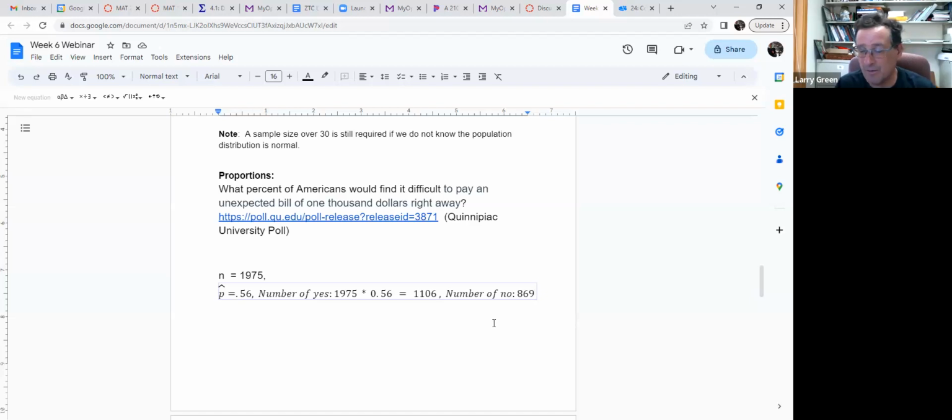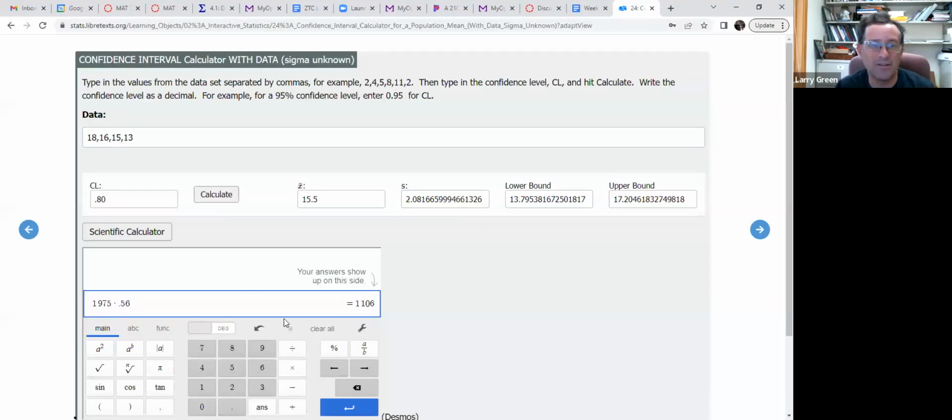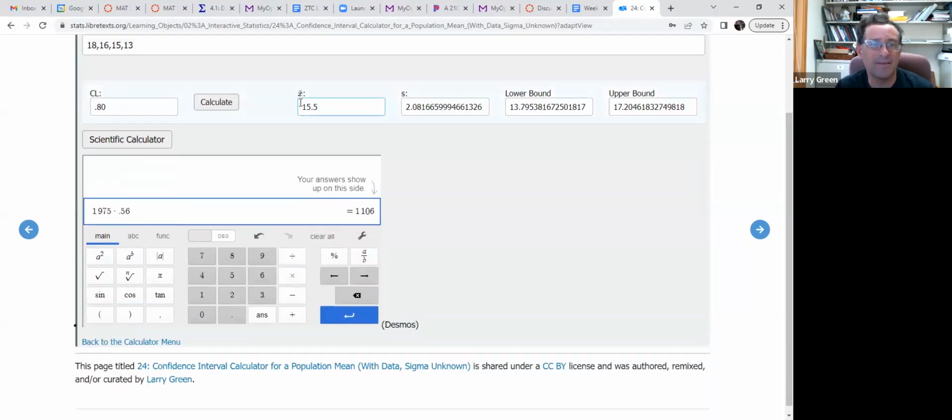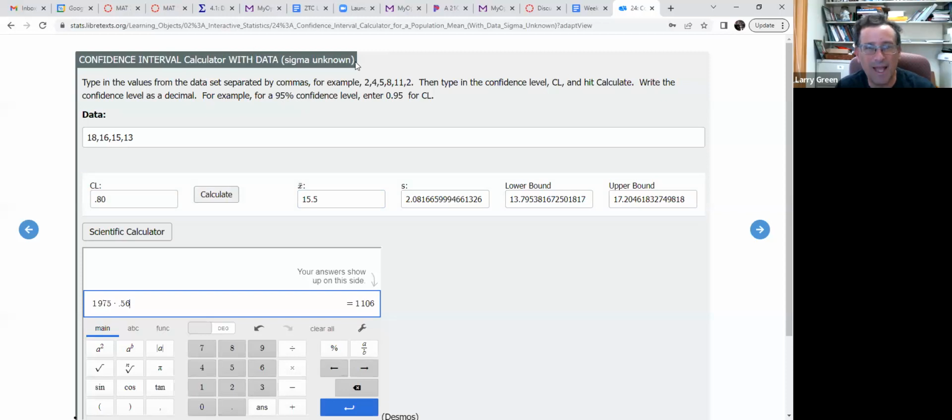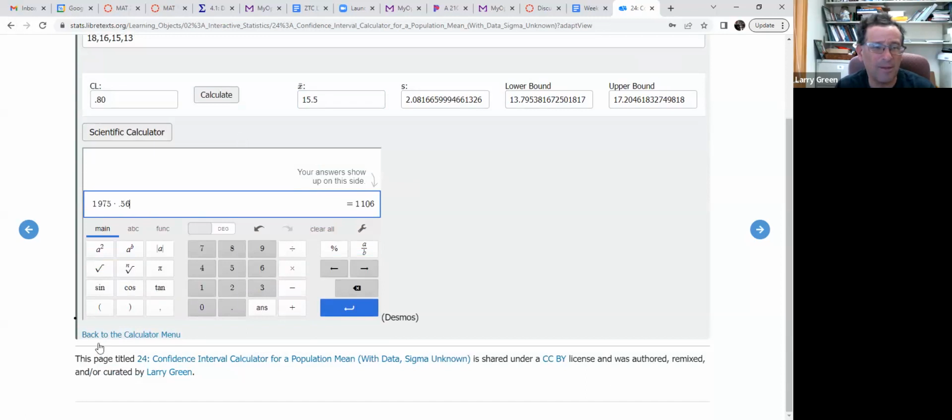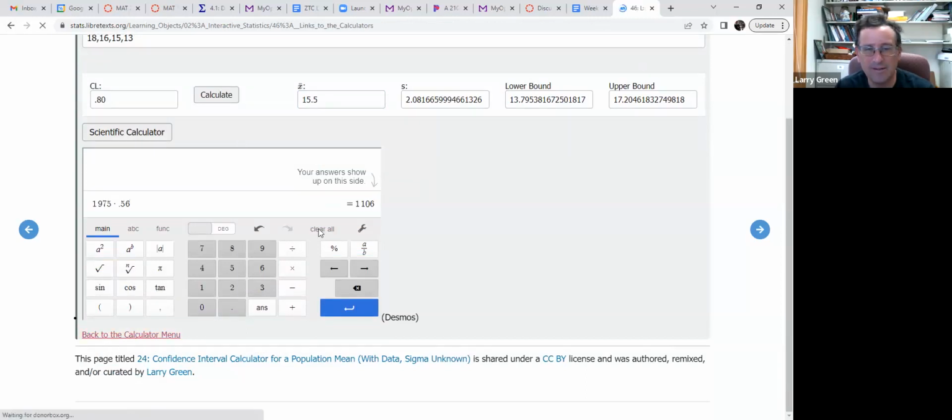Okay, what we want to do is find a confidence interval, maybe a 95% confidence interval. So I can't use this one, because this is all about data, it's for a mean, and that's not what we want. So I can go back to the calculator menu.